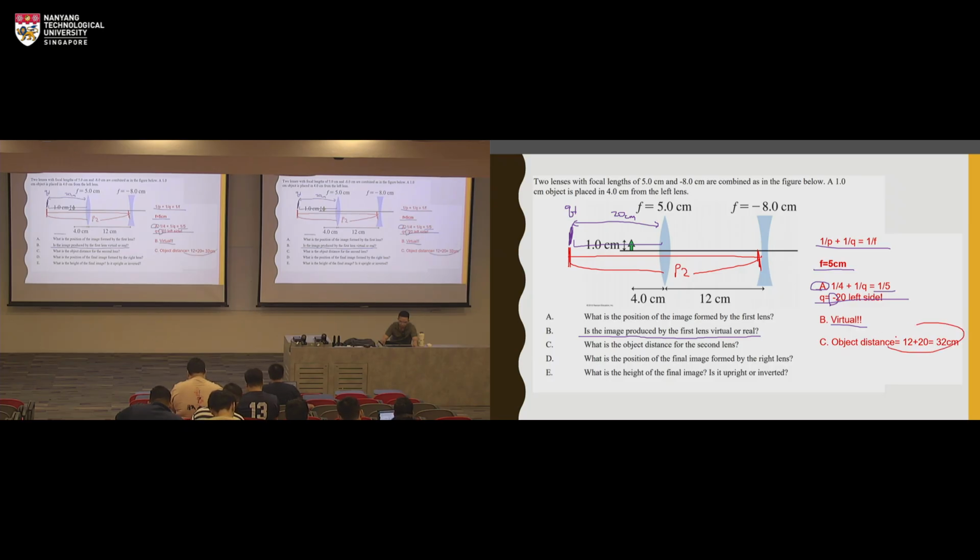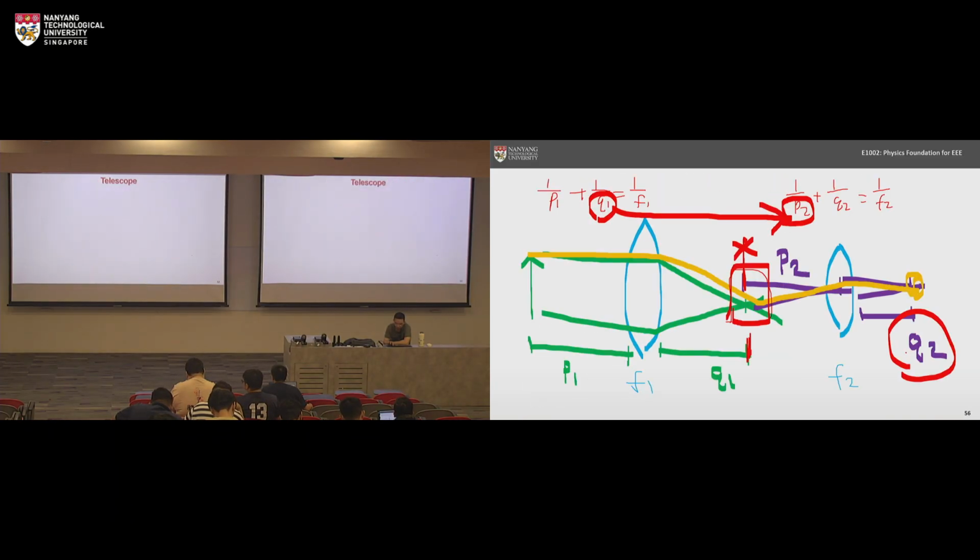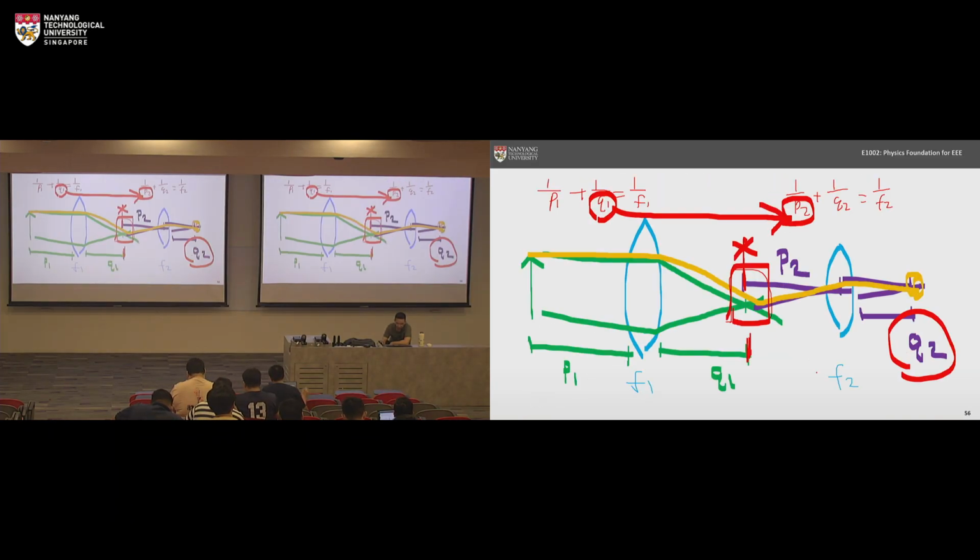So your P2 is 12 plus 20, okay? So don't forget about this. So remember what I just drew over here. From your first lens, you get a Q1. Your Q1 is called your first image.